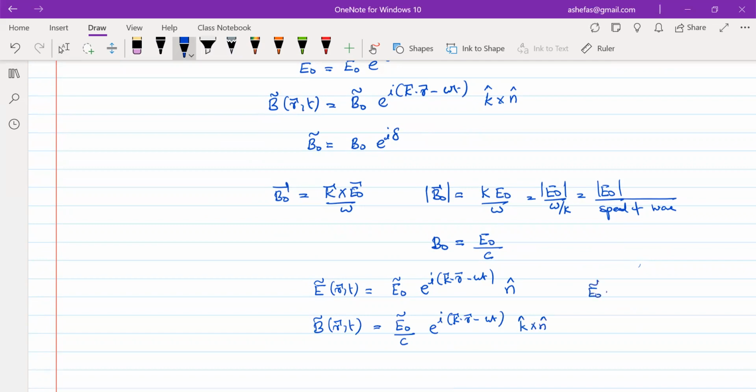And this E0 tilde is E0 times e raised to i delta, where delta is the initial phase.